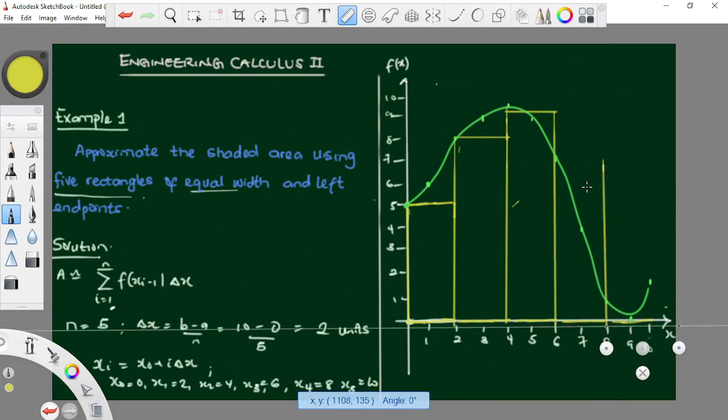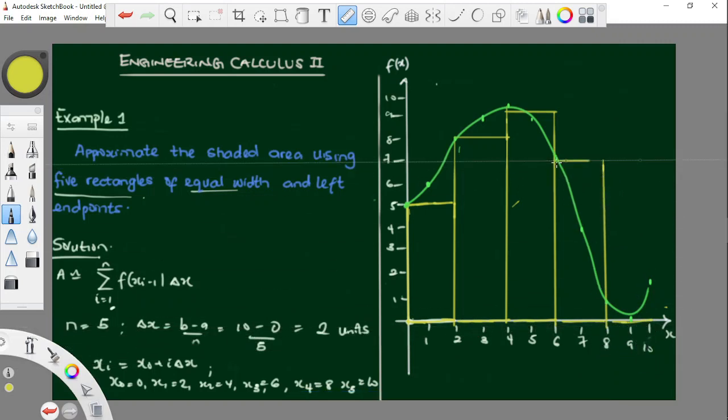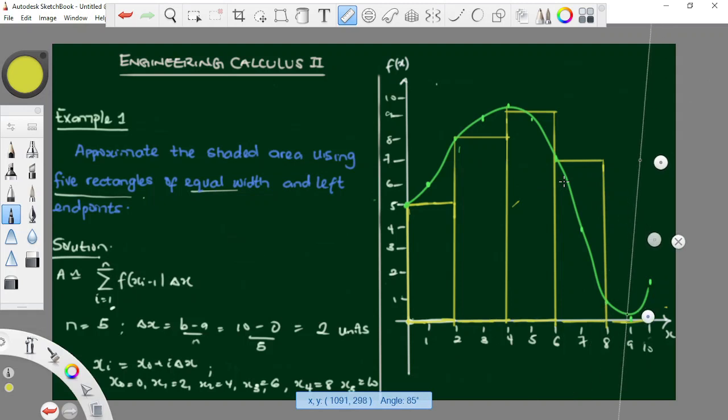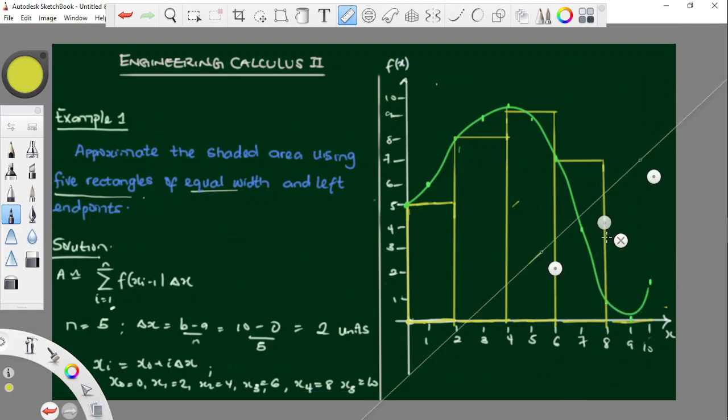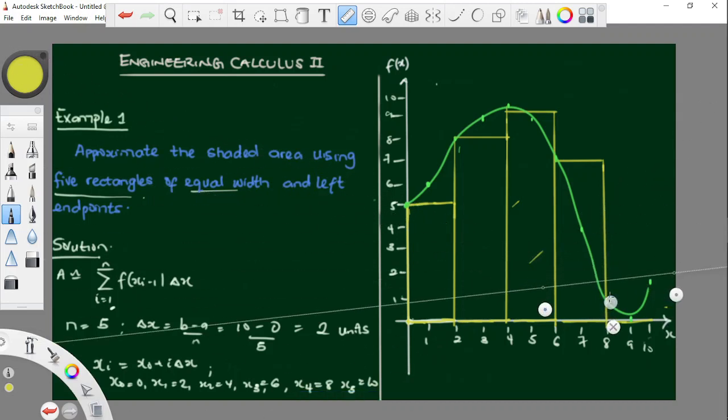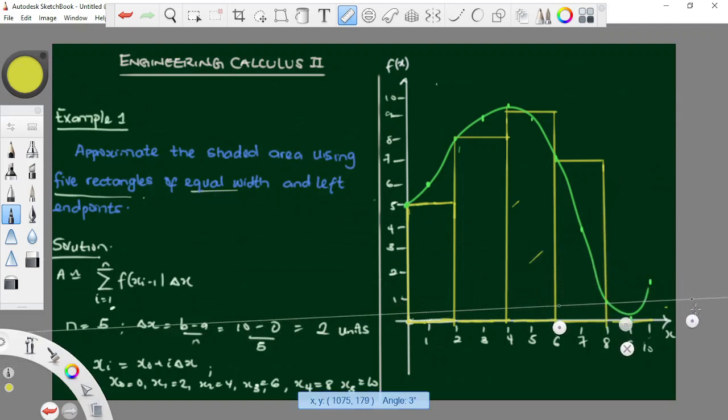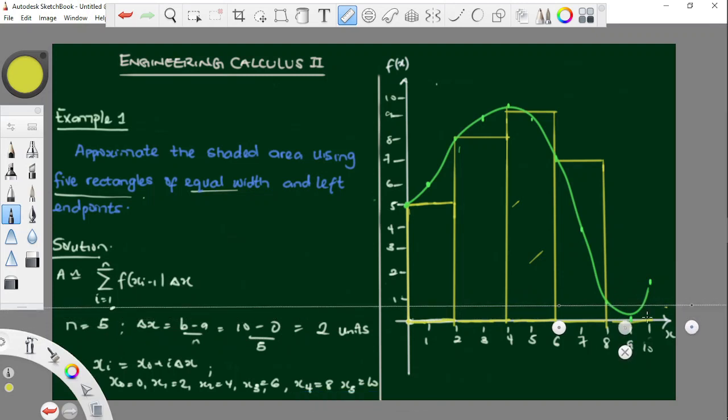And then between 8 and 10 is going to be the value of the function at x equal to 8. So you can just take it down. Okay, let's end this here now.